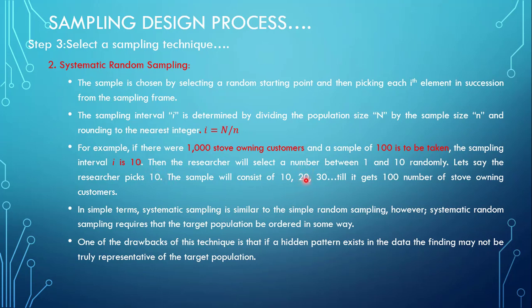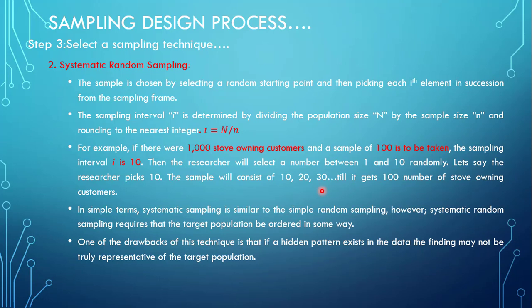The customer in the 20th position will be included, and then the 30th. So the customers at number 10, 20, 30, 40, and so on will be included in your research until you get 100 customers.